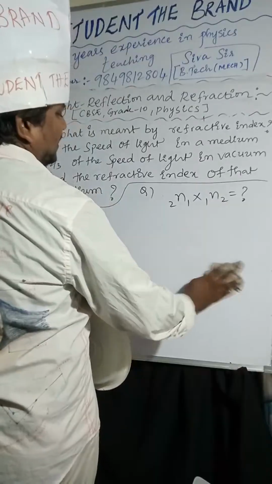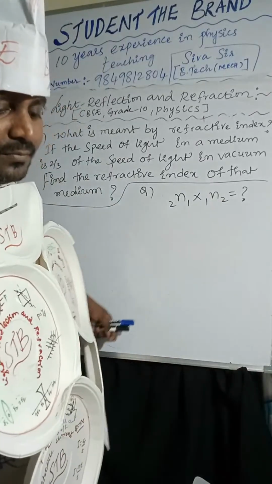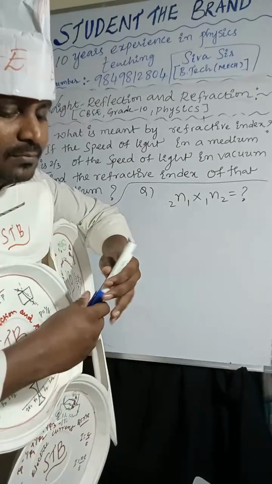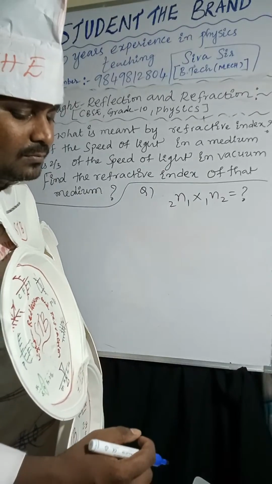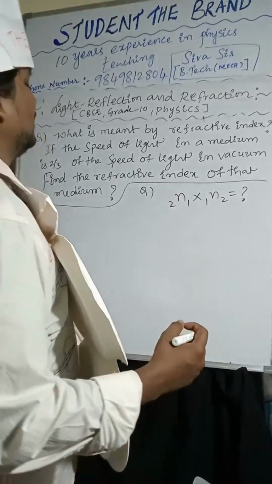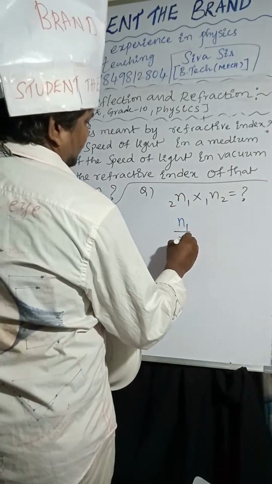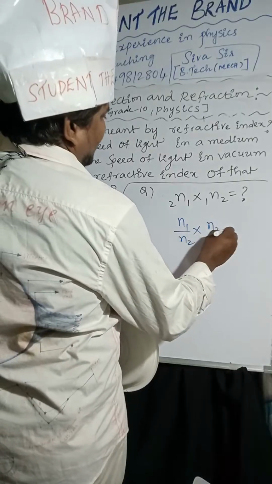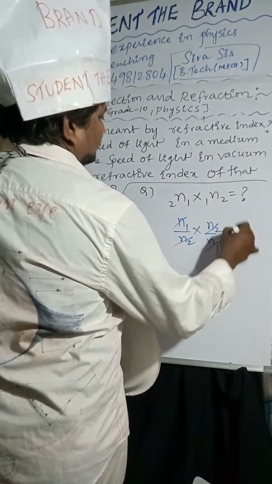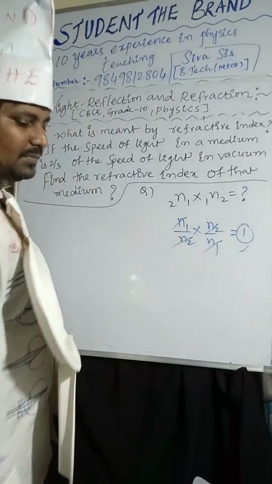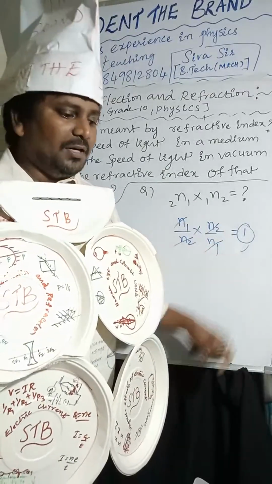If you are doing this problem, N1 by N2 into N2 by N1, this will get cancelled, this will get cancelled, 1. The answer is 1, right? So the answer is 1 in this case. Coming to the next one.